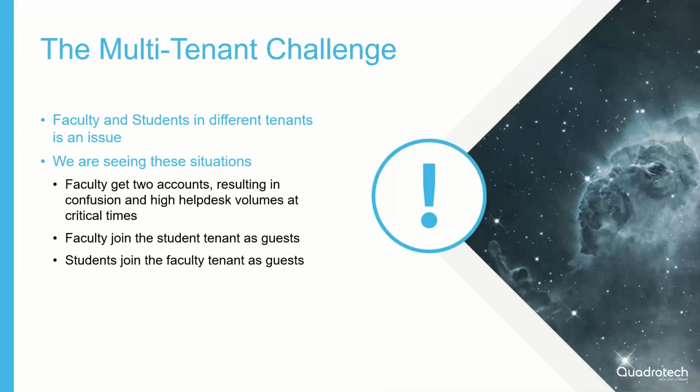The other option is for students to join the faculty tenant, and this I think is becoming more popular, but then the students and faculty don't get the optimal collaboration that they want in this new remote world. Really, we're trying to take down the barriers in our collaboration and allow our faculty and students to just naturally work together. And unfortunately, with this drastic change happening so quickly, it's created some challenges.